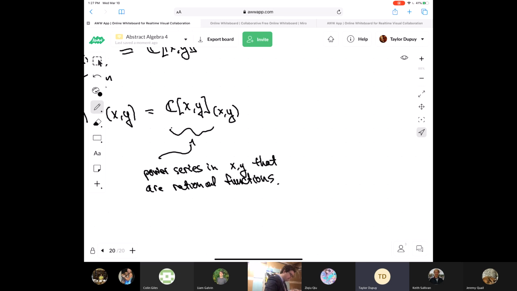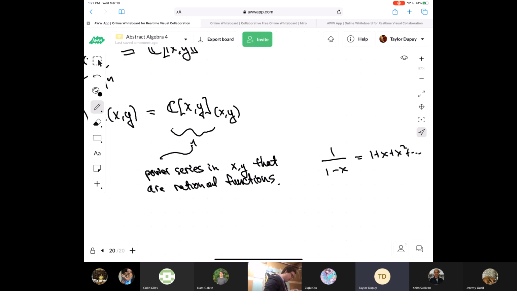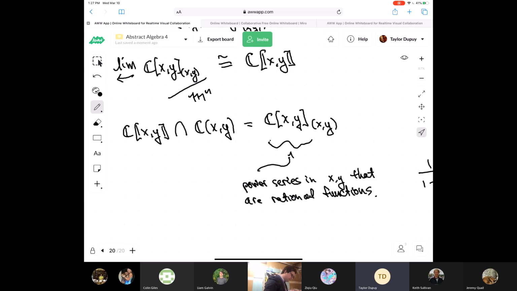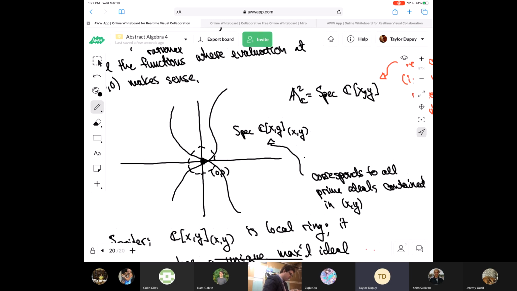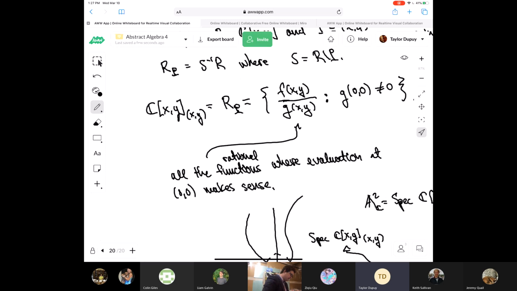Right, 1 over 1 minus x is in there, and this has infinitely many terms. So maybe this helps you think about this, but they're essentially like the things in the fraction field that have a power series expansion.